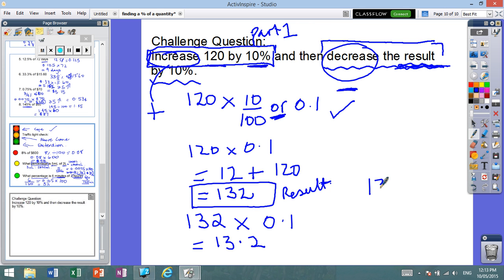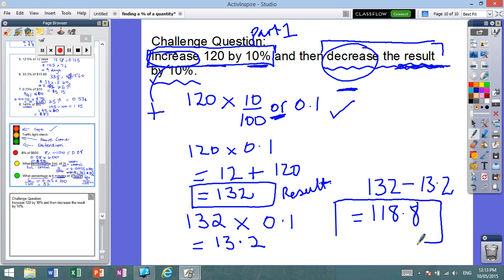So we have to go 132 minus 13.2. Punch that into your calculator and you get 118.8 as our final result. And that is the final answer to this challenge question.